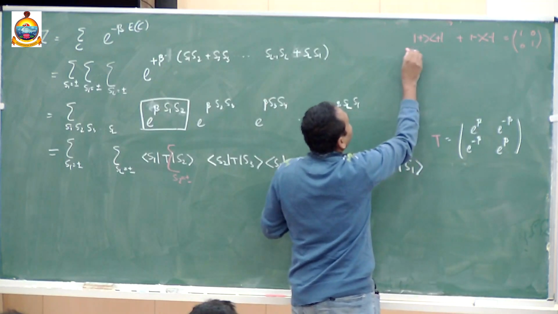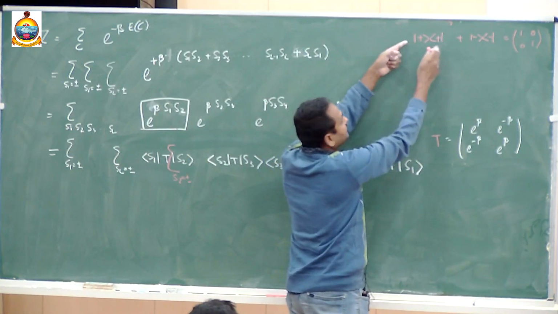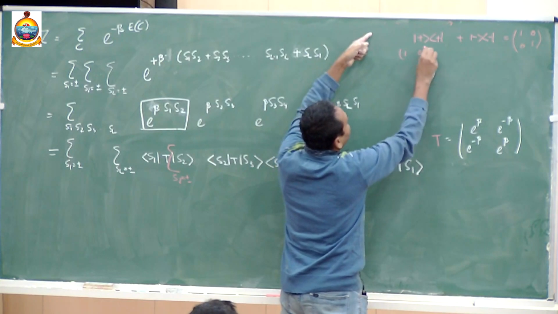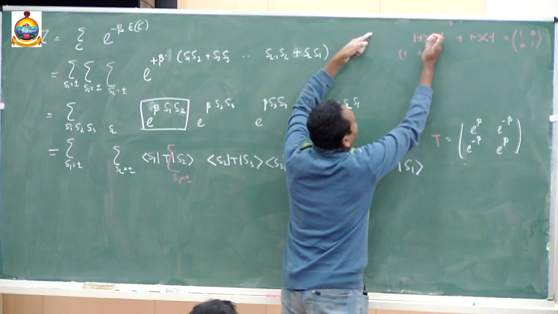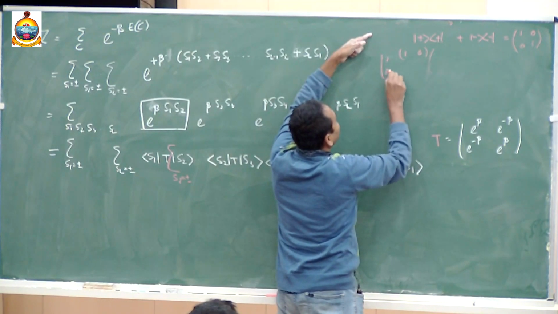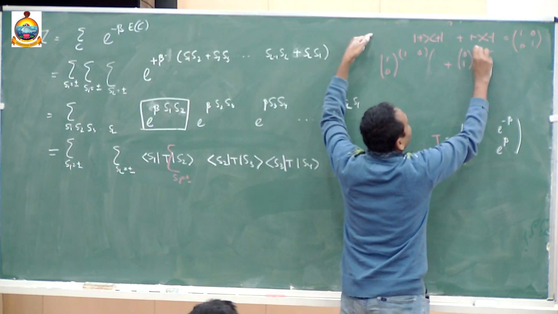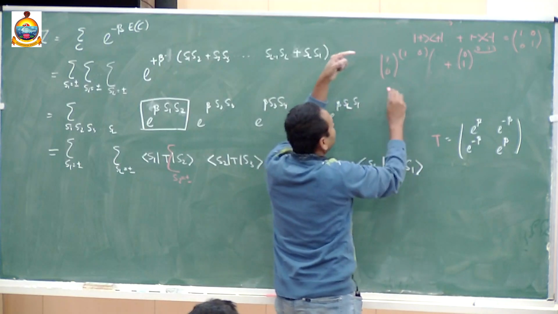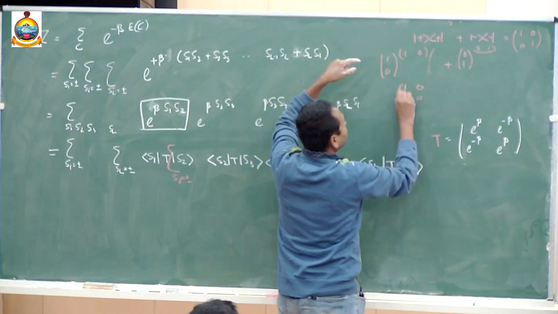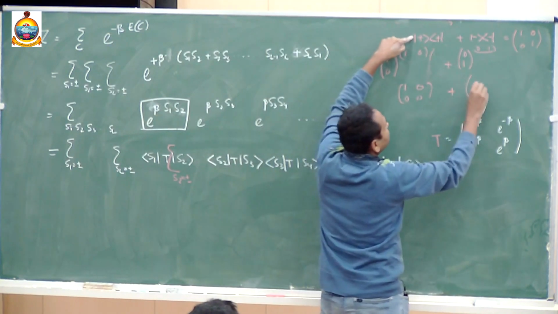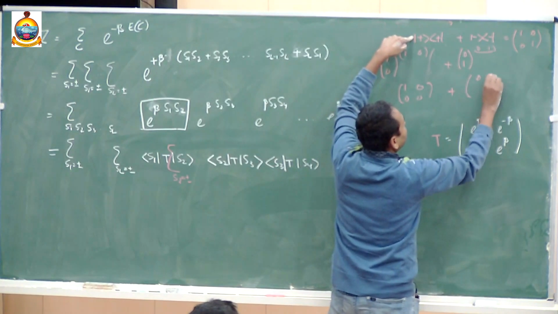If you write this plus, this is a matrix again. This matrix is (1 0) times (1, 0) column, plus (0 1) times (0, 1) column. So that is basically the matrix 1 0 0 0, plus the matrix 0 0 0 1.